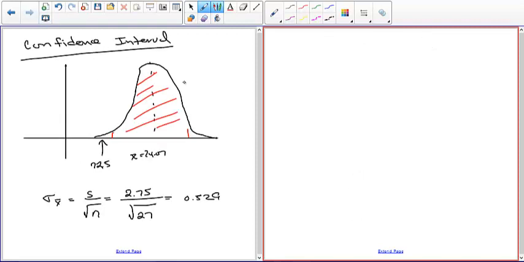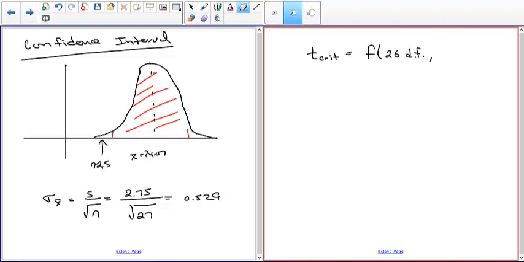Okay, the next thing we do is find the critical t-score, and we get that from the table. This is going to be a function of 26 degrees of freedom, and we're going to do 90% confidence.